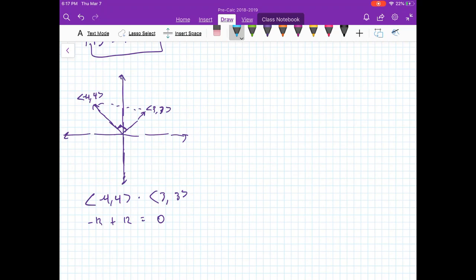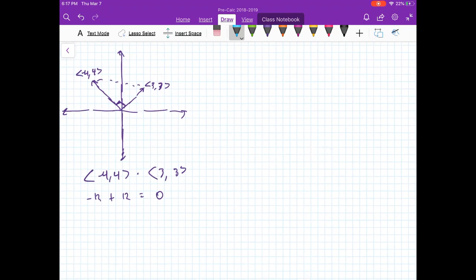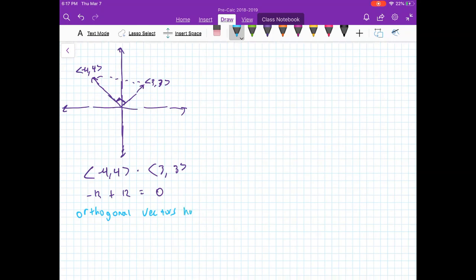And this is what we call orthogonal vectors. We say orthogonal vectors have a dot product of 0. Fair enough.